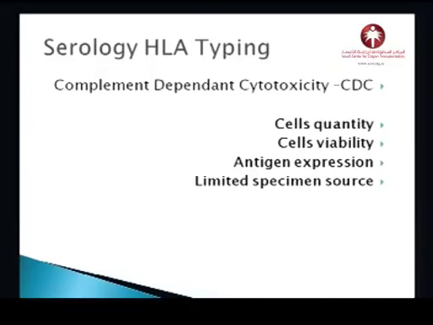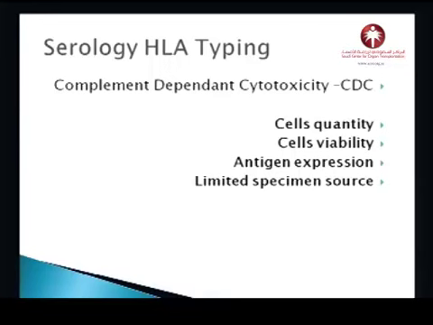It's not allele expression or intermediate, low resolution, high resolution typing, and there is a very limited specimen source. Not every specimen can be used for complement-dependent cytotoxicity HLA typing, because there are certain interference factors in some of the anticoagulants that will not allow us to carry out this procedure.